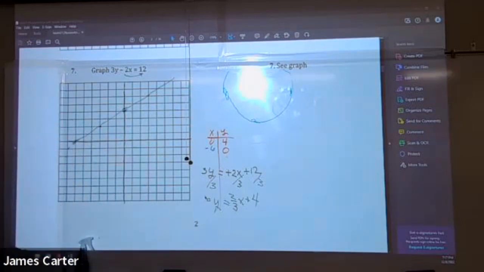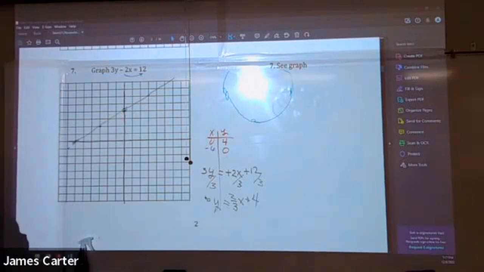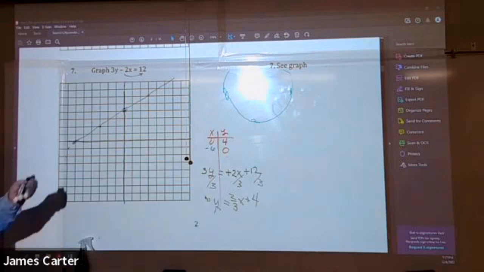In either case, if you draw it correctly, and I still didn't go perfectly through my corners. That's why you're supposed to use a straight edge, which would be awkward in this case.